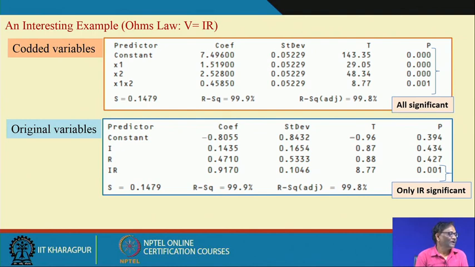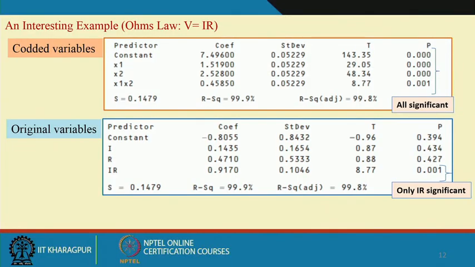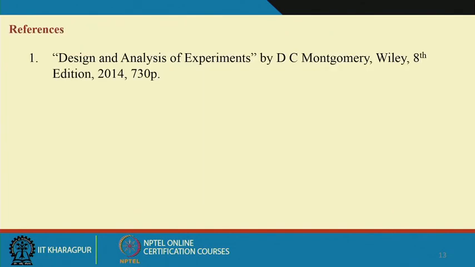When you analyze experimental data using coded variables, you have to be very careful about the physical meaning. And when there is known physics behind the problem, that physics has to be taken into consideration while explaining the outputs. This is true not only for regression, but for other models as well.